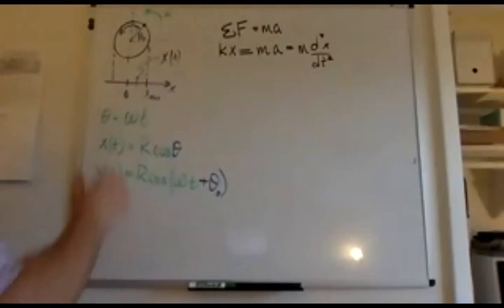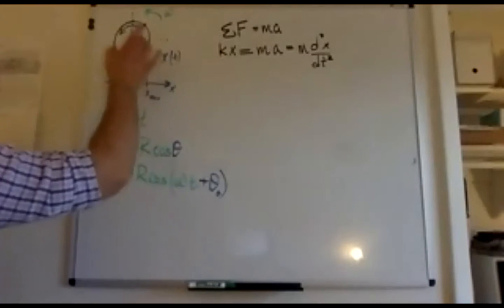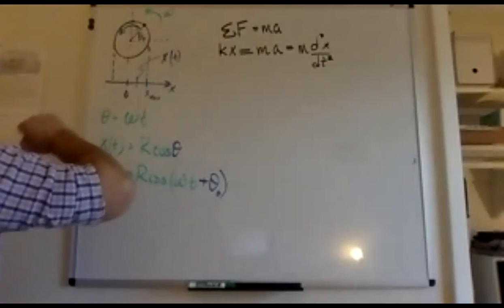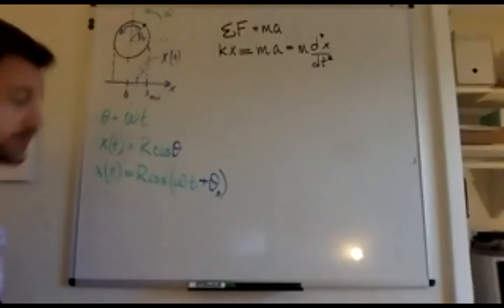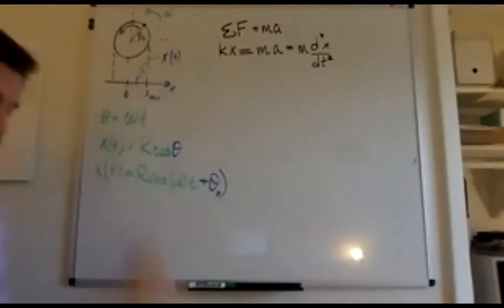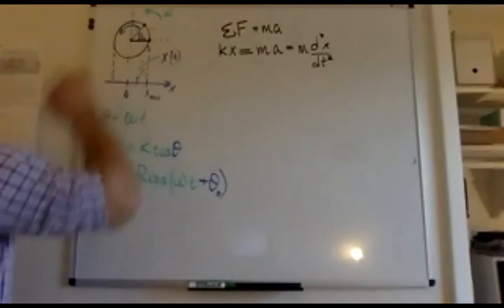Okay. R, that's the nice one. When theta is equal to 0, we're just on the x-axis. And we could draw the radius vector from the center out to that point.